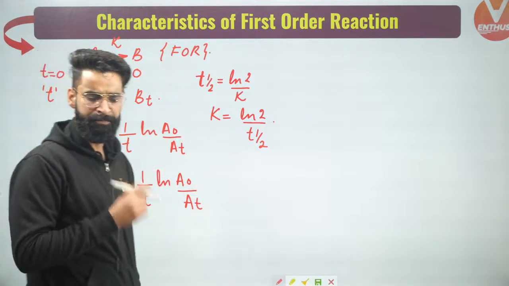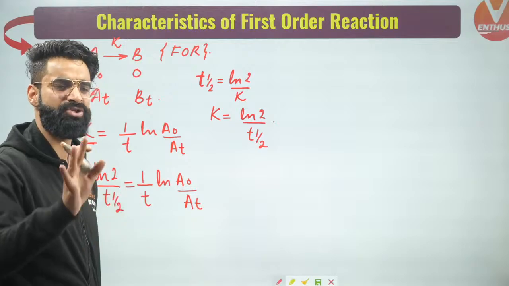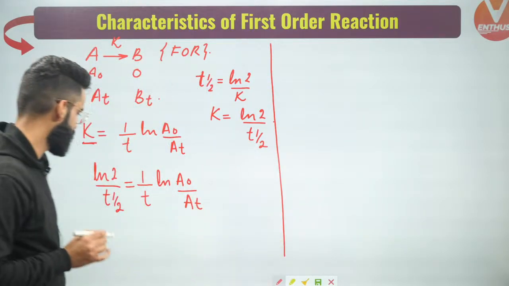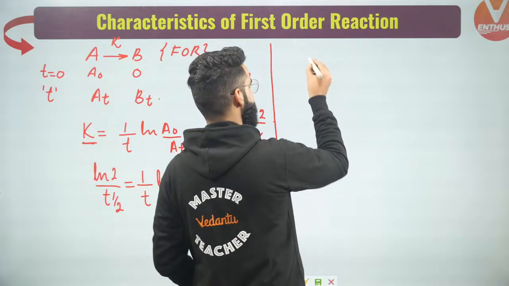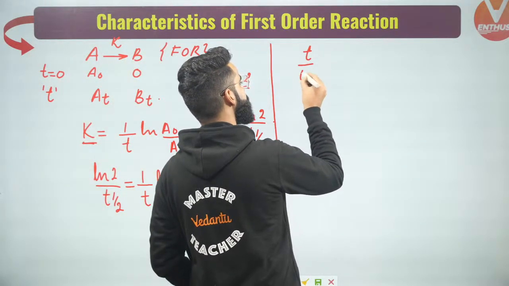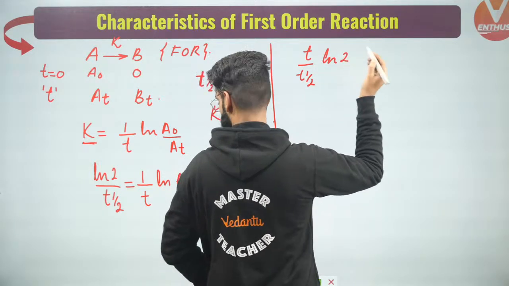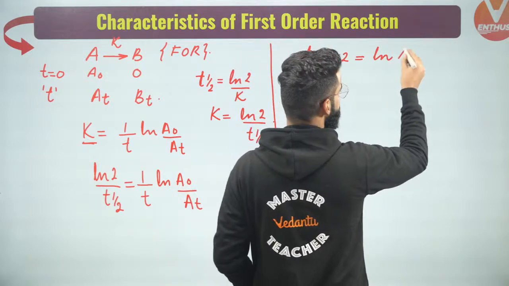Now I'm going to get one important result right here, which I'll be using directly in the questions, by means of which you can solve the equations very, very easily right here. See guys what I'll be getting. I'll just shuffle the equation a bit. I'll be getting something like this: t divided by t half multiplied by ln of 2 is going to be equal to ln of A naught divided by At.